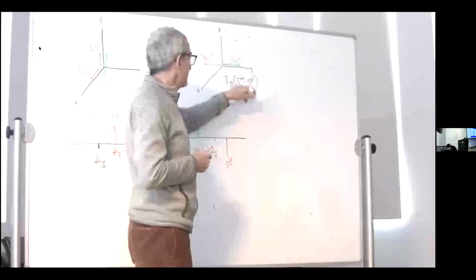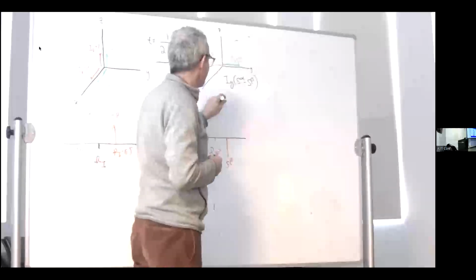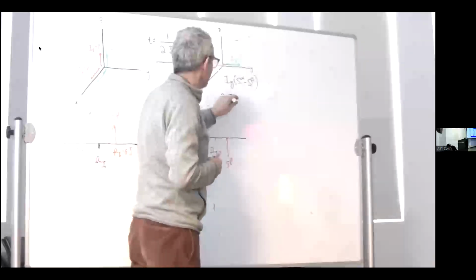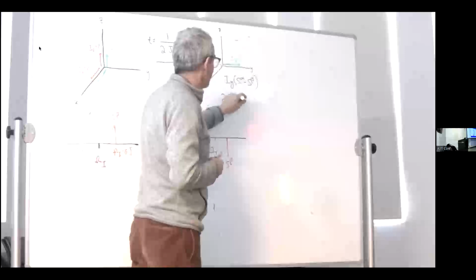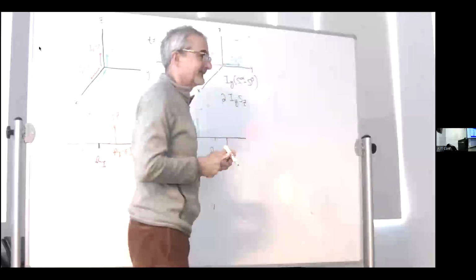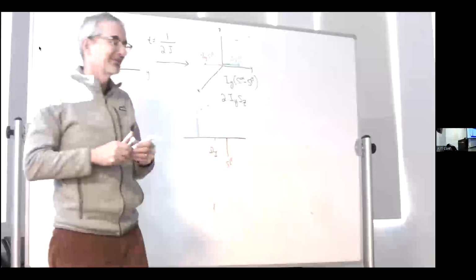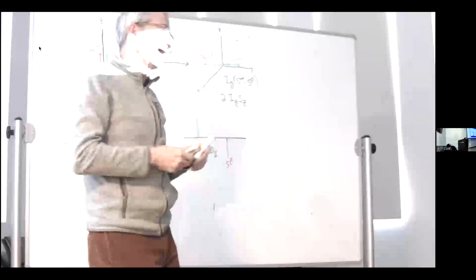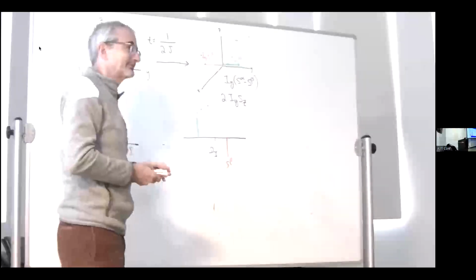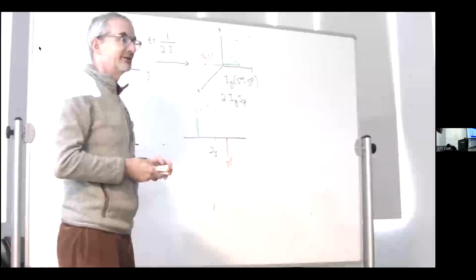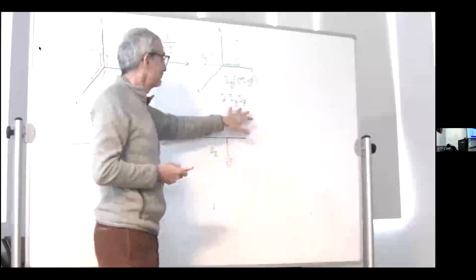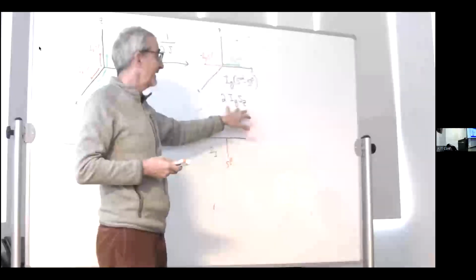So if I divide by 1/2 and multiply by 1/2, I call this then 2 IY SZ. And you get used to these factors of 1/2. And now, this is where we kind of ended this discussion last time.